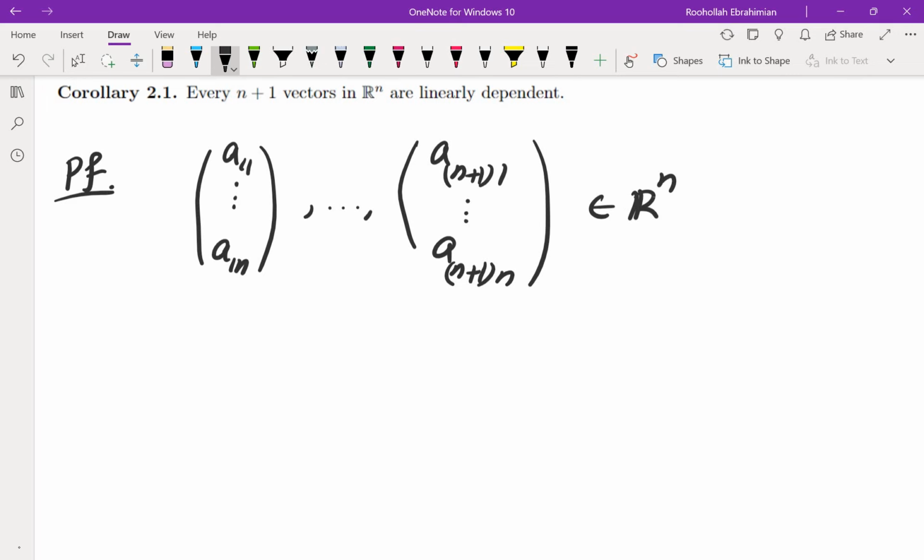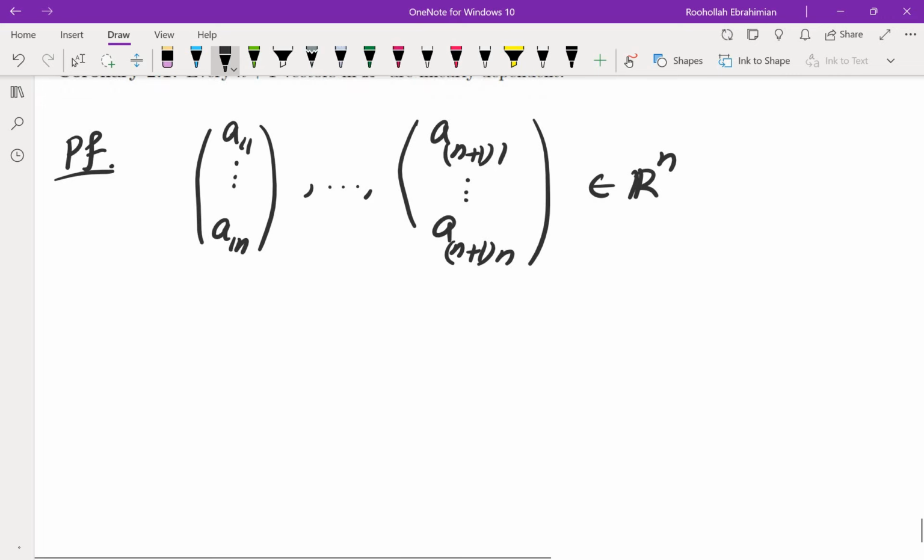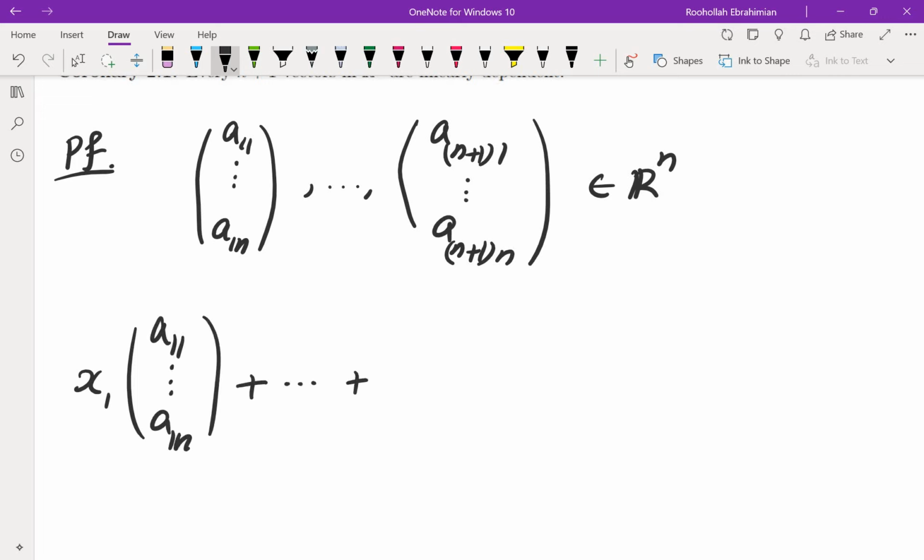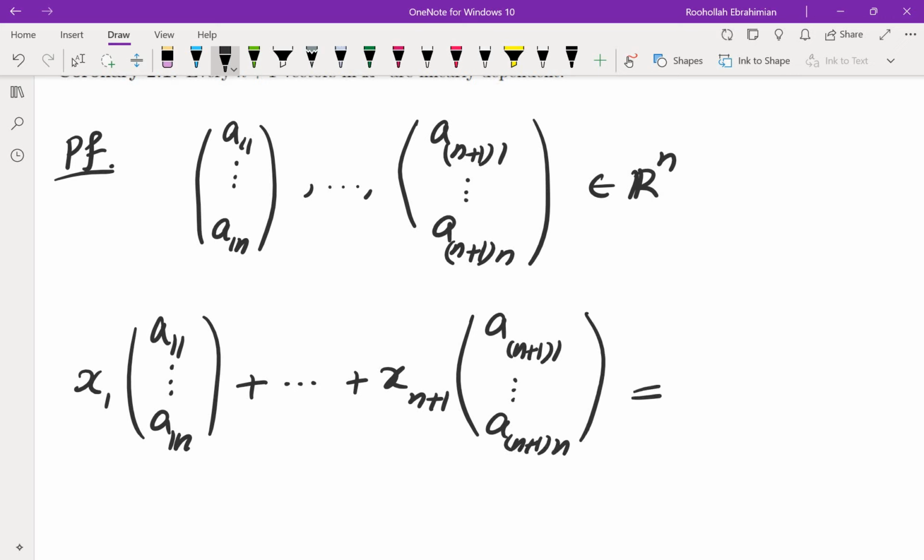So I'm going to create a system that gives us a linear combination of these. So x1 times (a11 all the way to a1n) plus, all the way to x(n+1) times (a(n+1)1 all the way to a(n+1)n) equals (0, 0, 0).